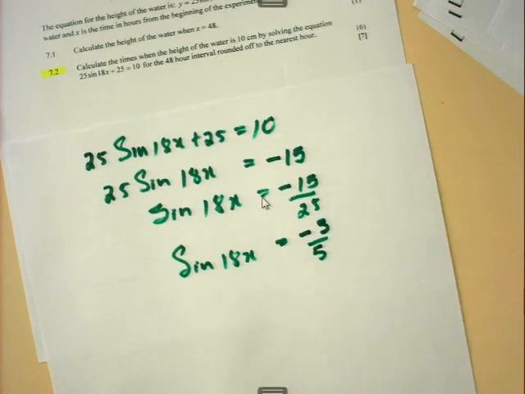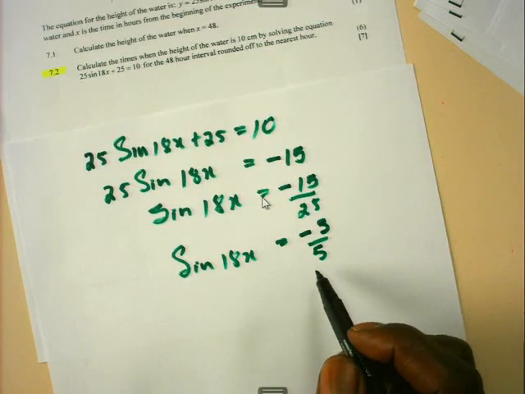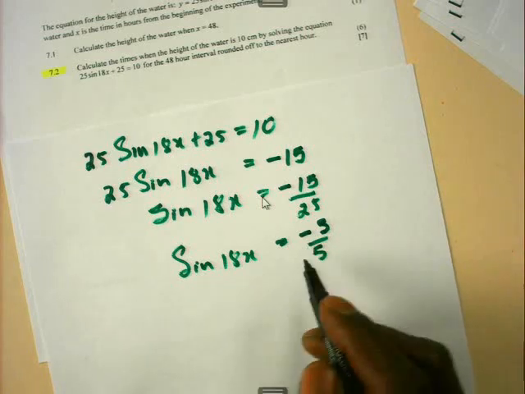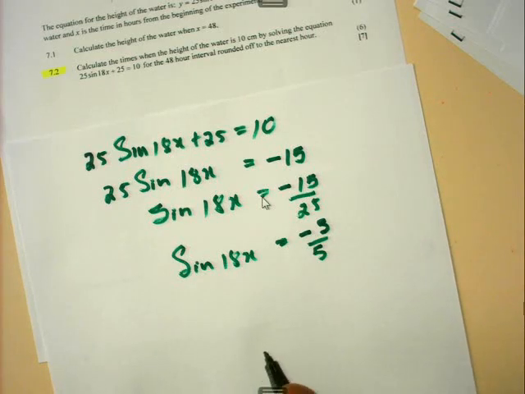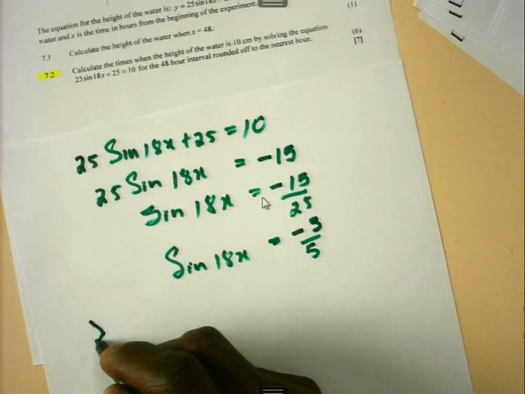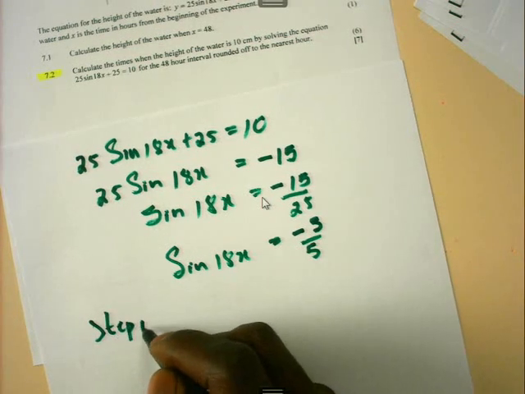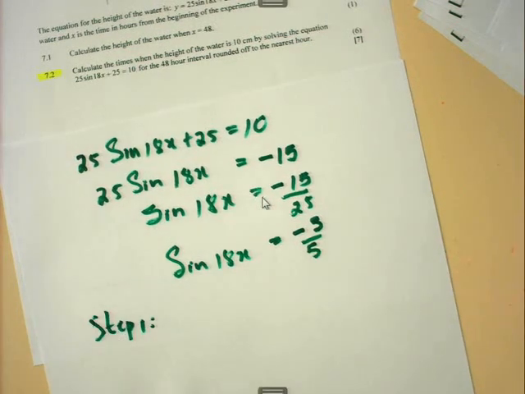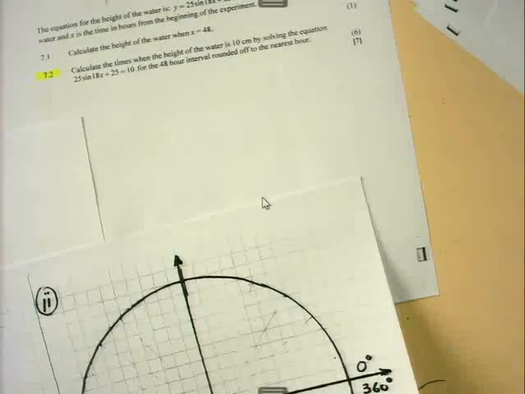Now, this we can deal with. Step number 1: this ratio is negative. In which quadrant is sine negative?